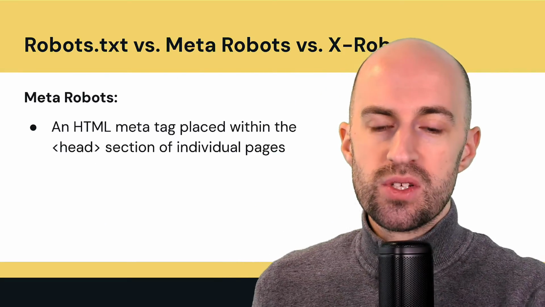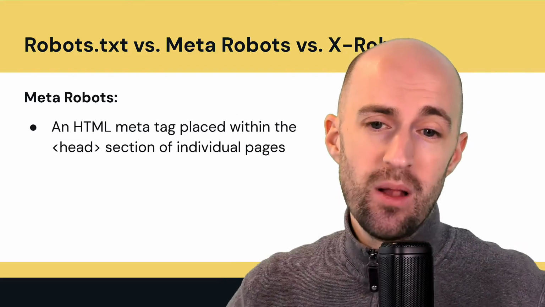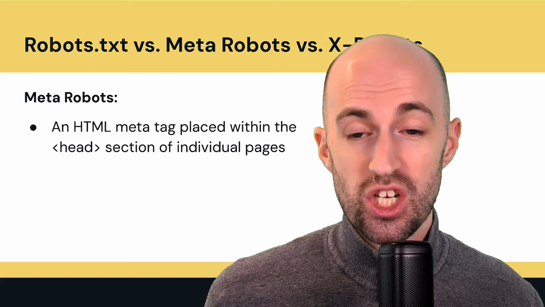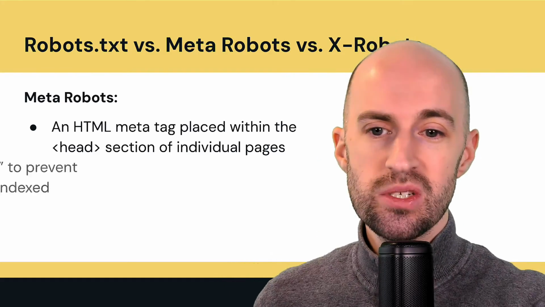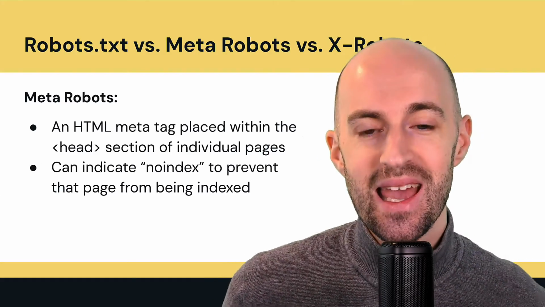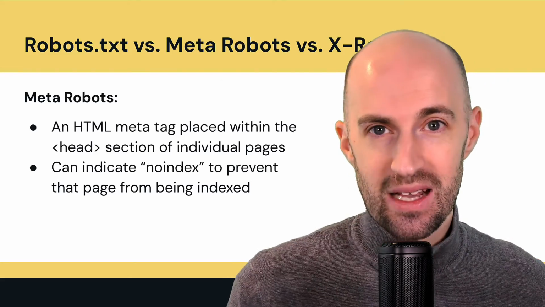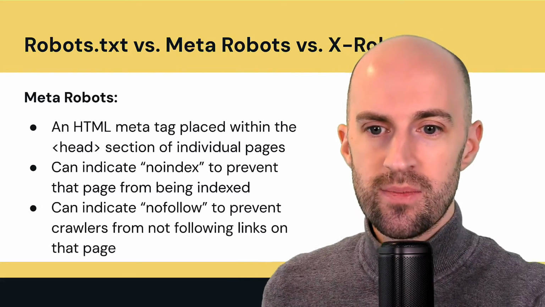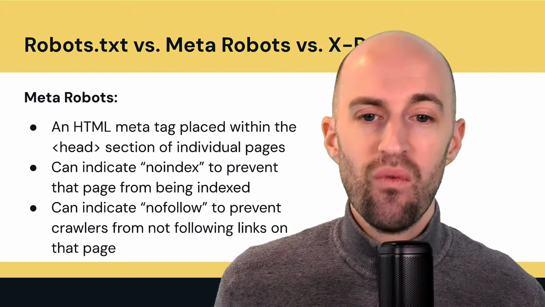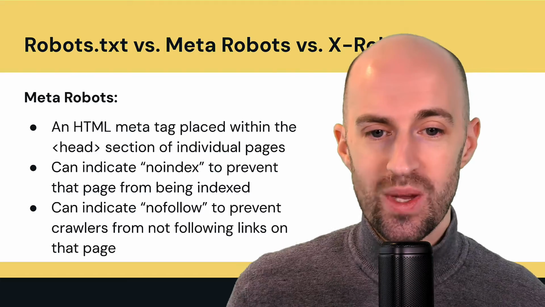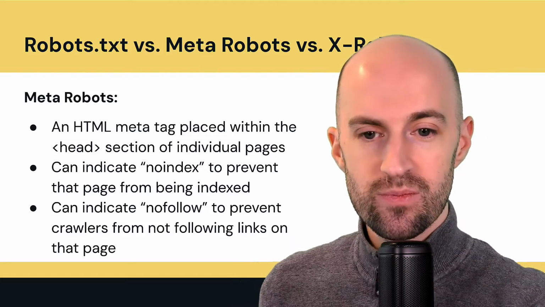Meta robots is an HTML meta tag that's placed within the HTML head section of individual pages. You can indicate noindex within that to prevent that page from being indexed by search engines. You can also indicate nofollow within that to prevent crawlers from following links on that page.